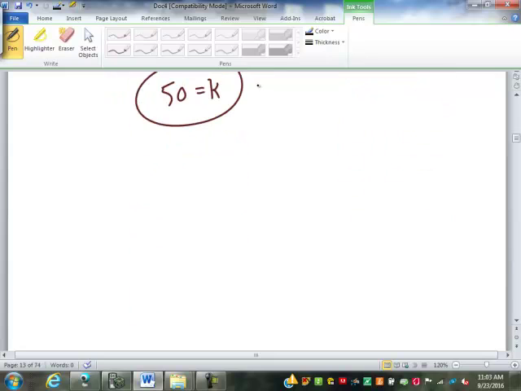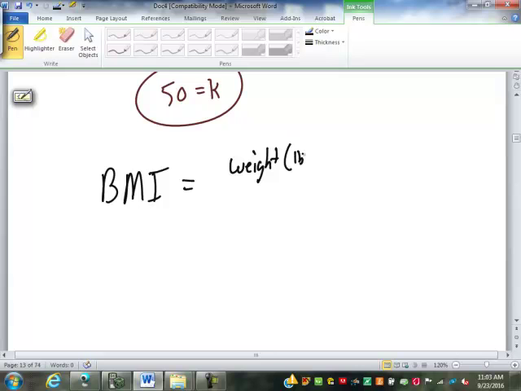Another one we hear a lot about lately, the last several years, BMI, body mass index, is found by taking your weight in pounds divided by your height in inches squared.